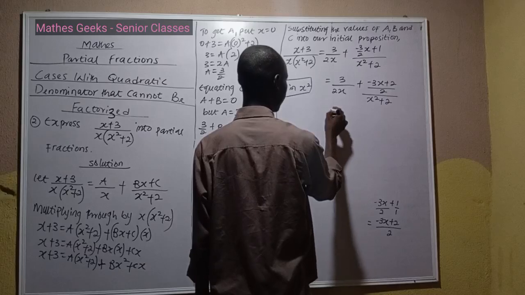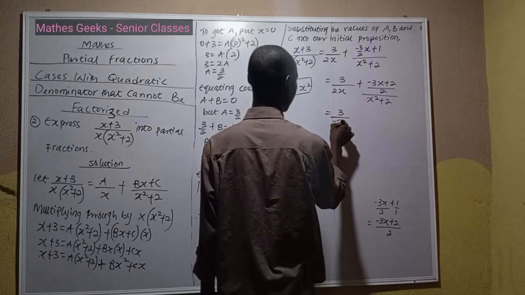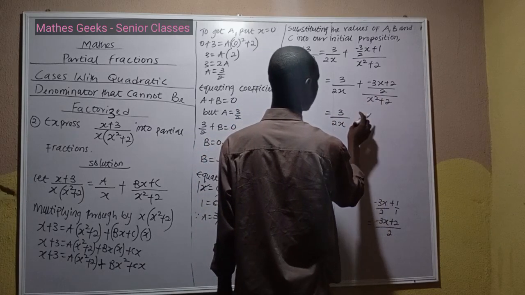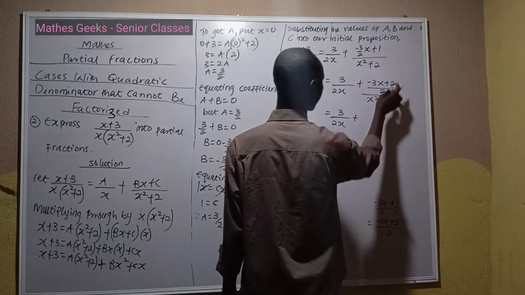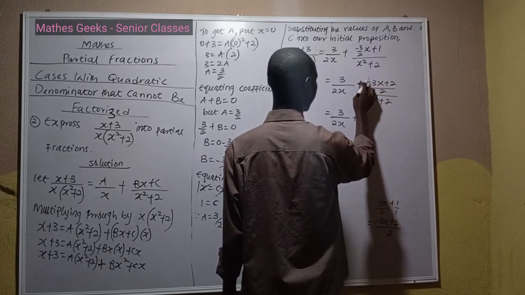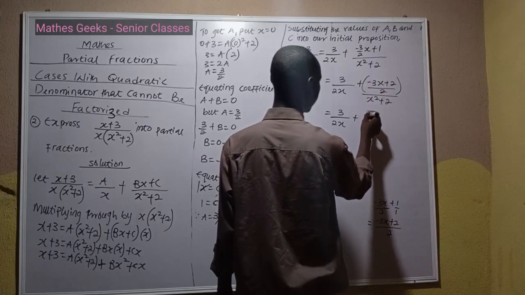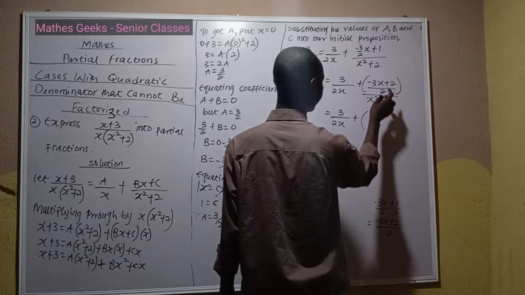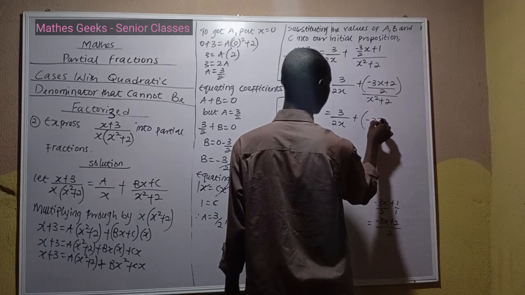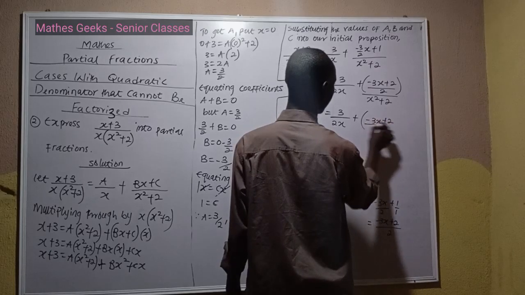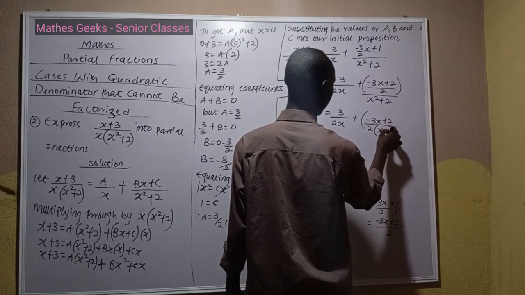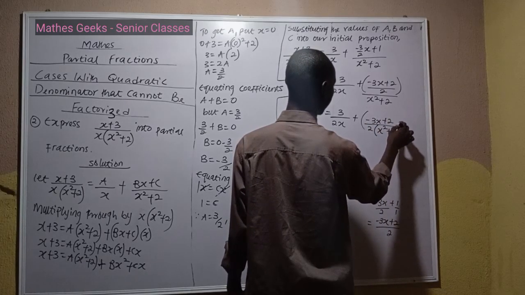So this gives us 3 over 2x plus, okay, since we cannot have forms like this because of the sign, this will give us minus 3x plus 2 over 2x squared plus 2.